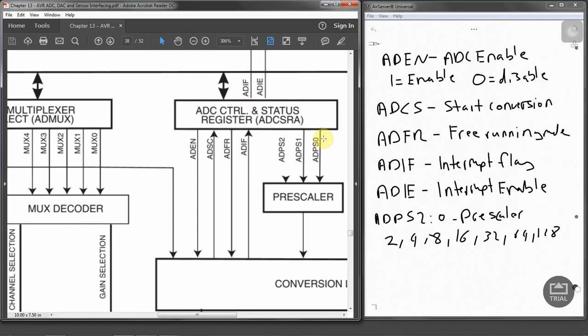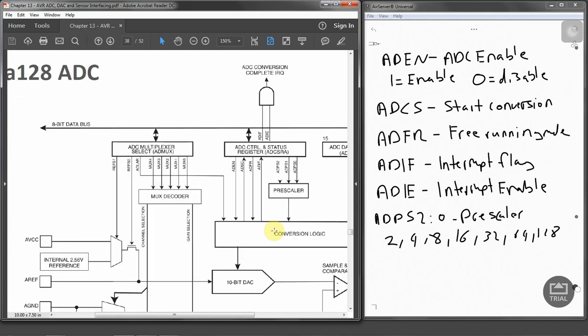So as I said, the ADC requires an input clock less than 200 kilohertz for the maximum accuracy. That's why we need to use the prescaler, and that prescaler goes into the conversion part. So these are the most important parts of the ADC that we are going to use generally.